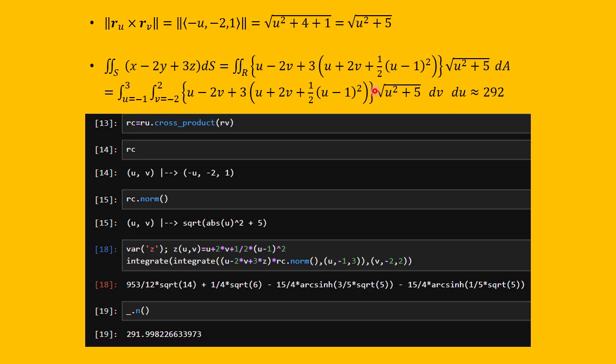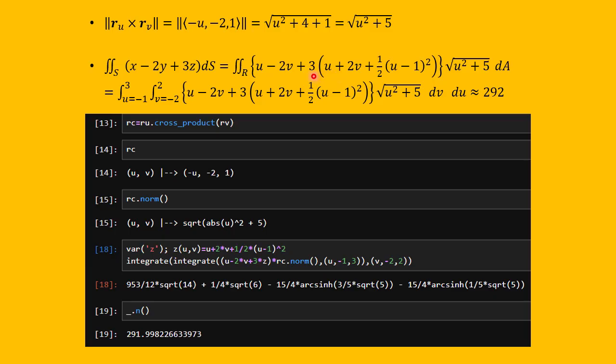And the value of this integral, which would probably take you an hour to do by hand, is approximately 292. So let's see what happens if we look at the SageMath calculation of this.